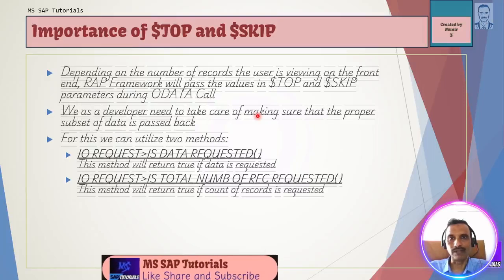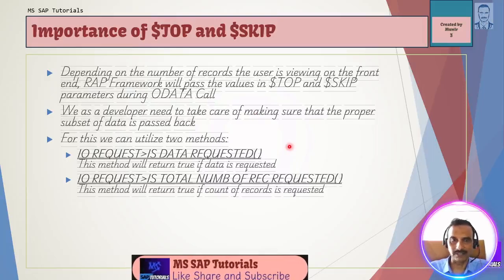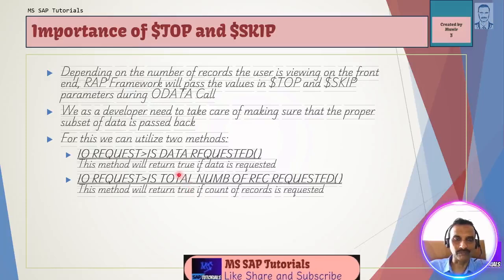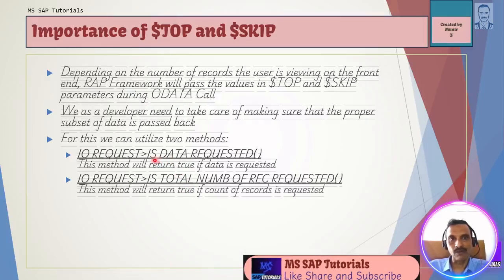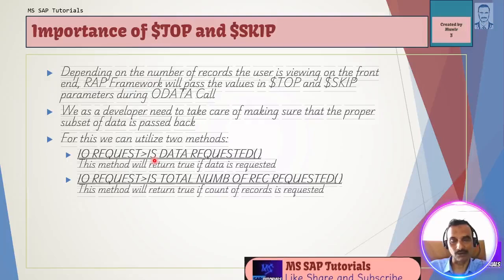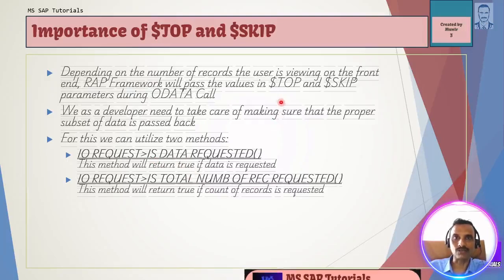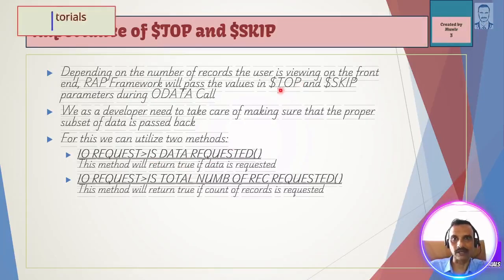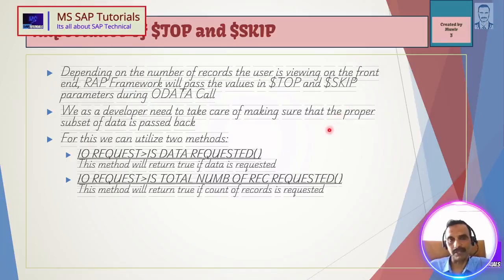Now let us see how we can understand whether the batch call is asking for the number of records, that is the $count, or is asking for the actual data with $top and $skip.